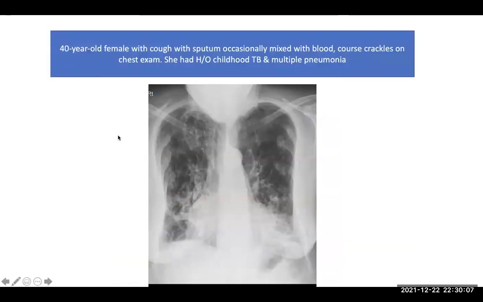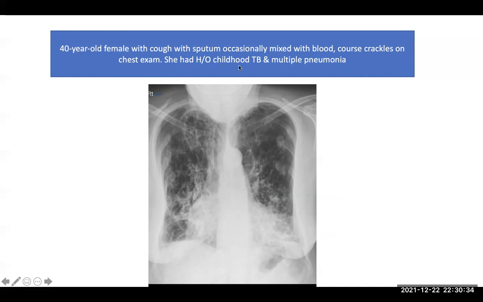Okay, so come to the next question. A 40-year-old female with cough and sputum occasionally mixed with blood, and coarse crackles on the chest exam. So when you did the physical examination, you found the crackles.